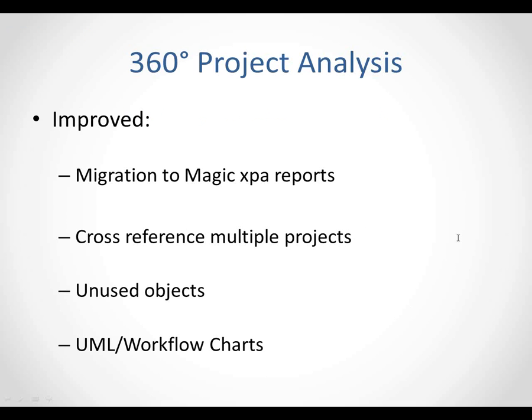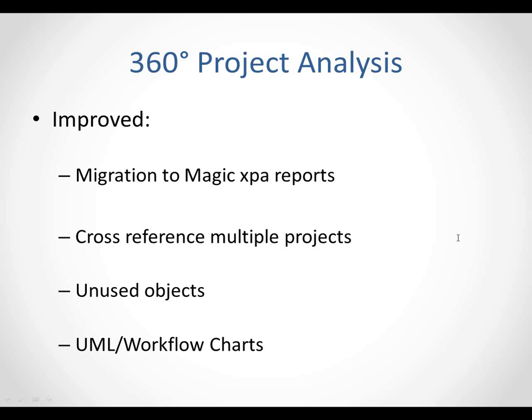Some improved features are, of course, the migration to Magic XPA reports. Now when you migrate from eDeveloper version 9, the migration report shows you all the issues, all the aspects of your application project that you need to address before migrating to Magic XPA. They comply fully with Magic's documents on migration.